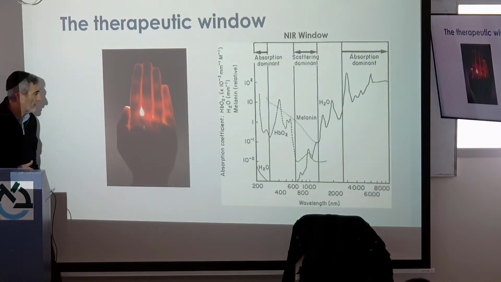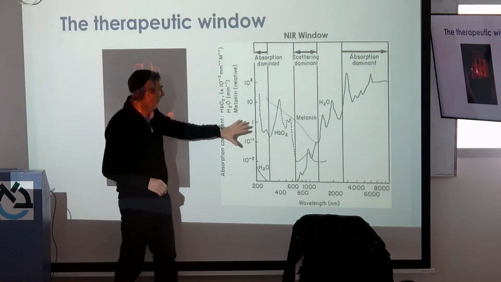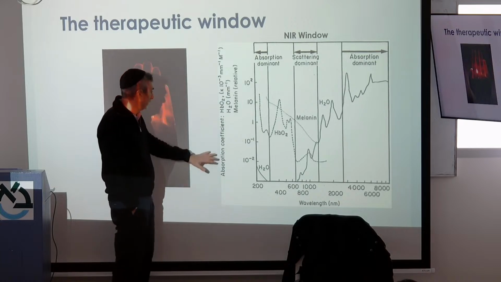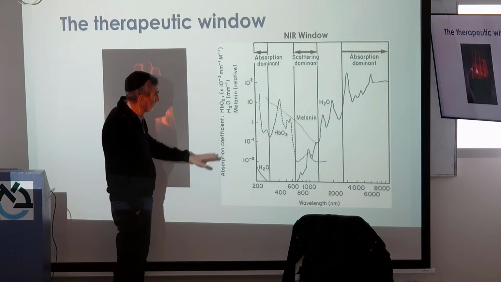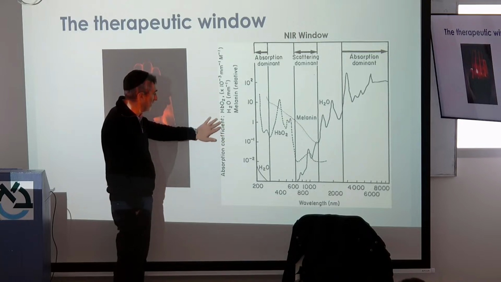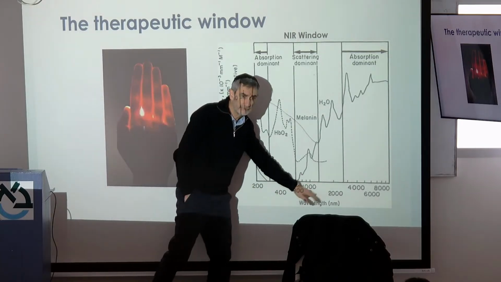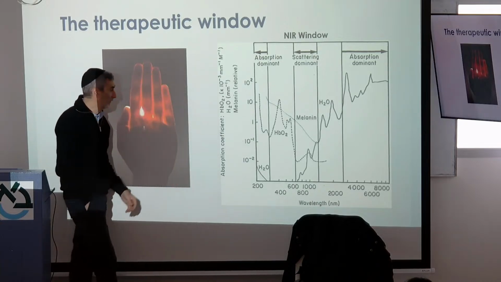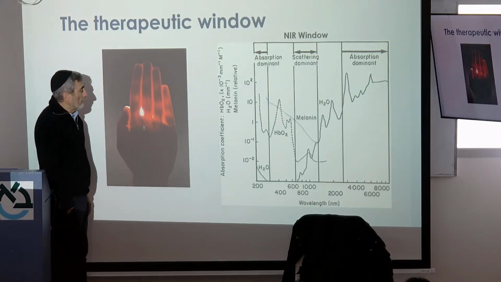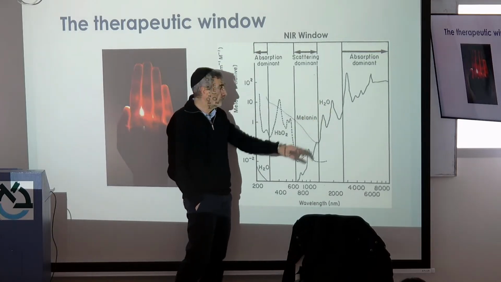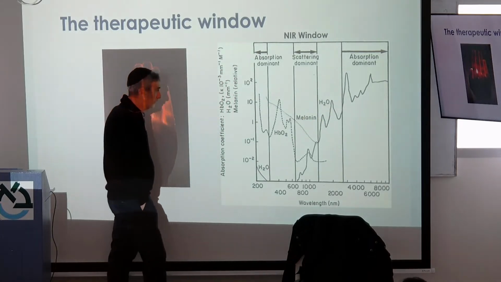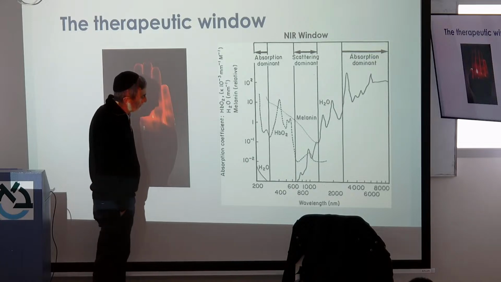You have this famous representation here of the absorption and scattering coefficient, essentially the absorption coefficient as a function of wavelength. In the body you have different types of elements. Mostly you have water, H2O molecules.